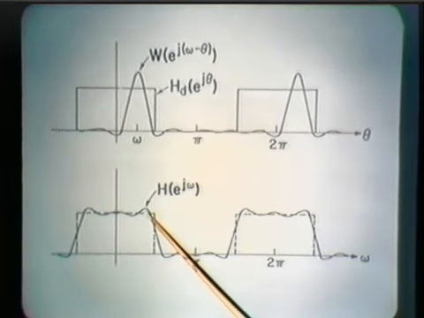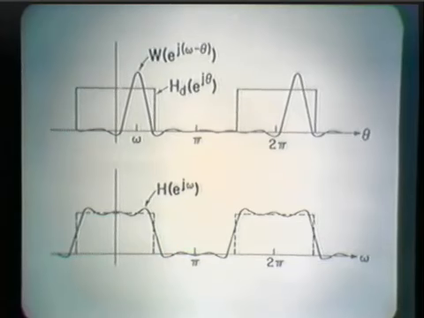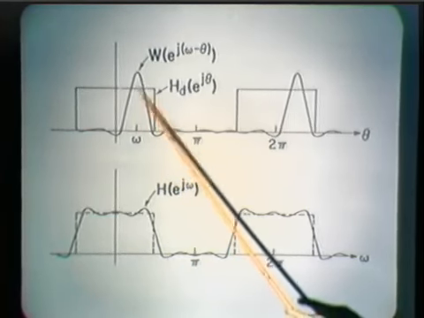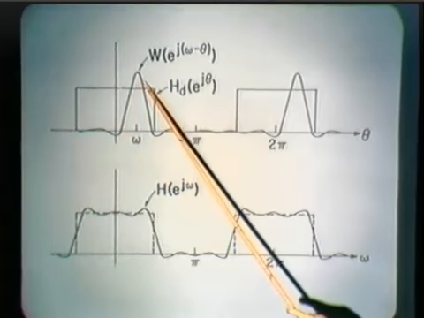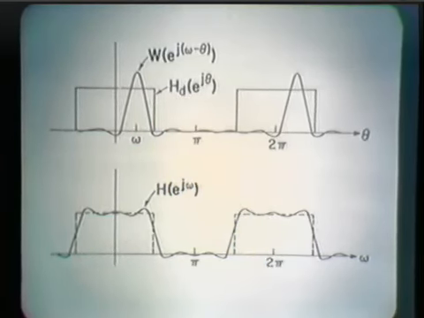Generally, it has some deviation in the pass band, some deviation in the stop band, and a transition region from pass band to stop band. And that's introduced because of the convolution of this window frequency response with the desired or ideal frequency response.